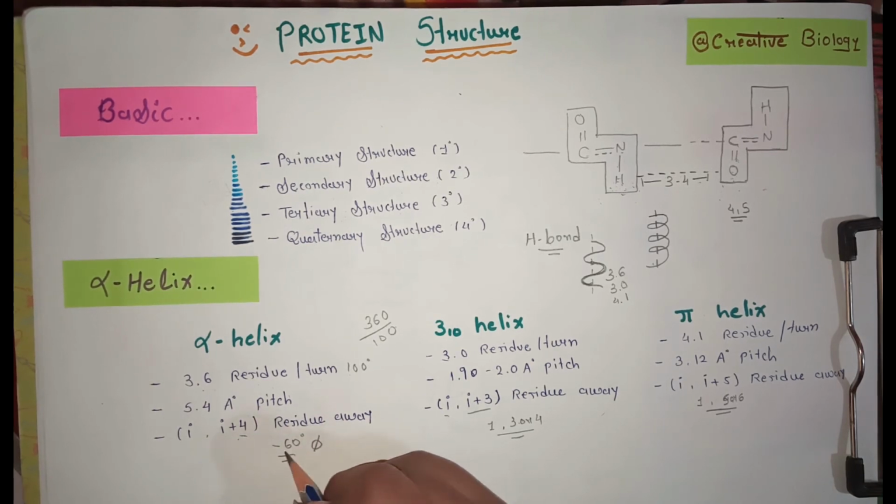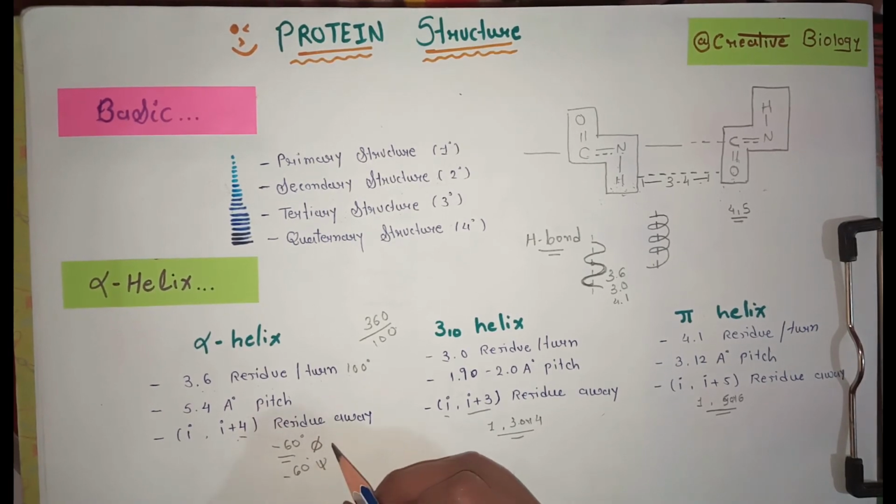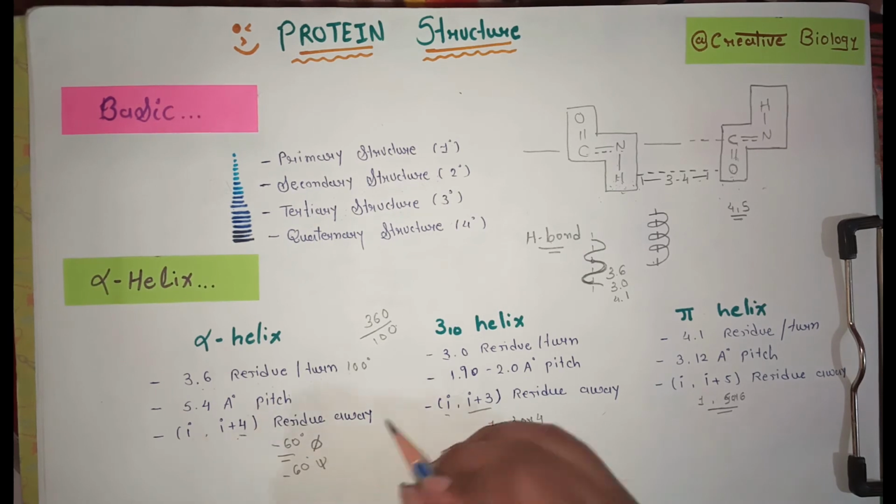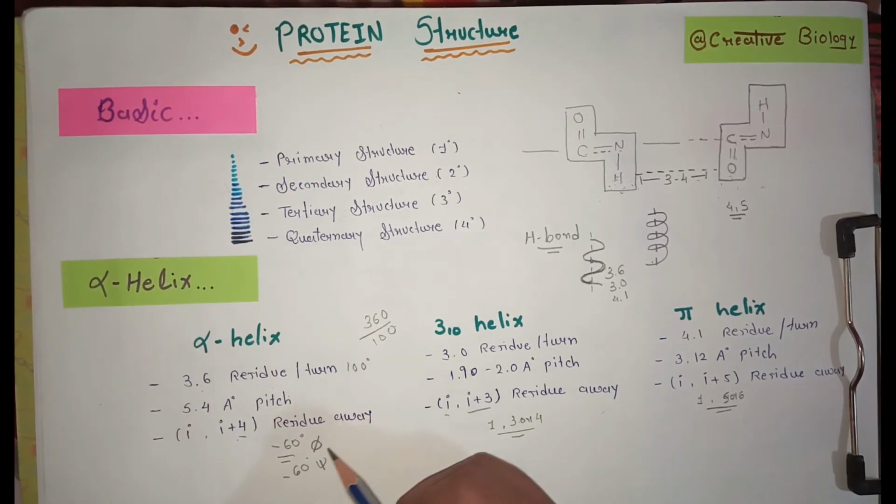So it is about -60 degrees, and again about -60 degrees for the psi value. So that's all about the right-handed alpha helical structure.